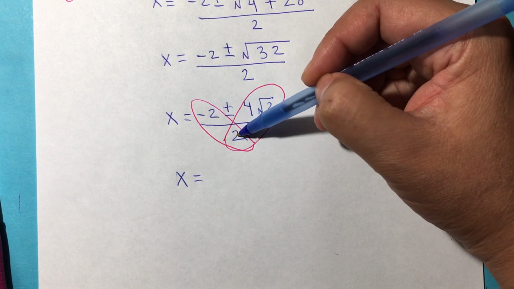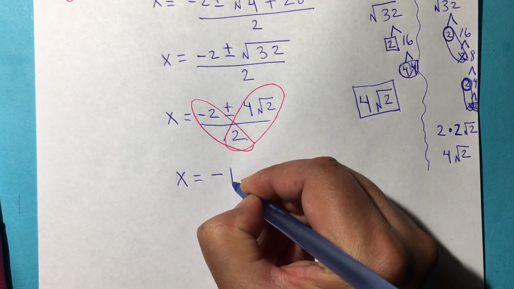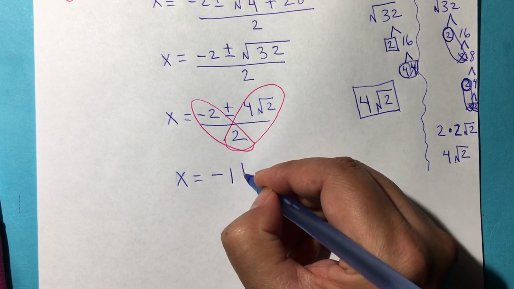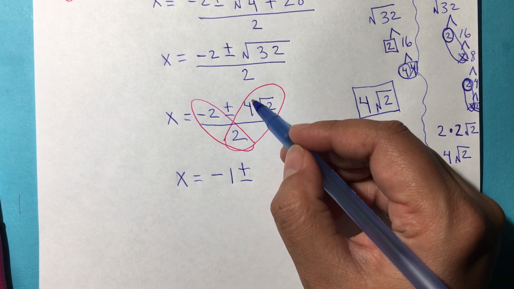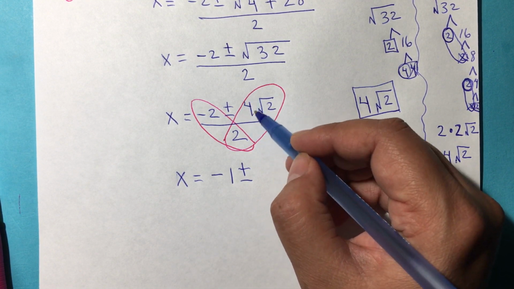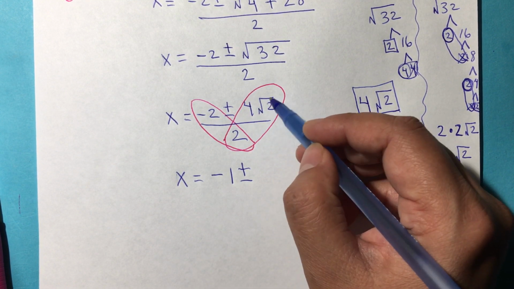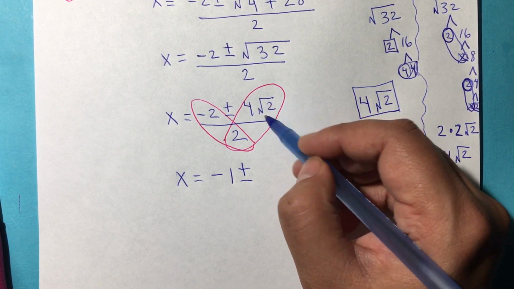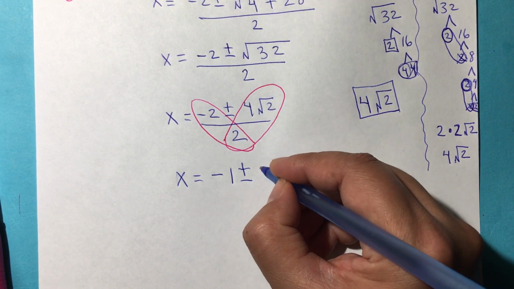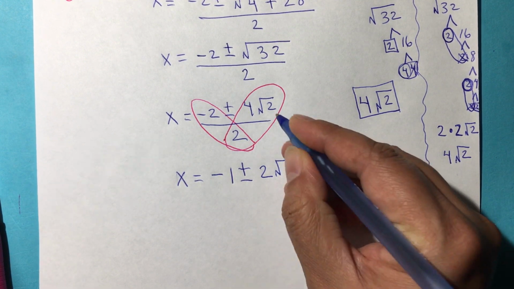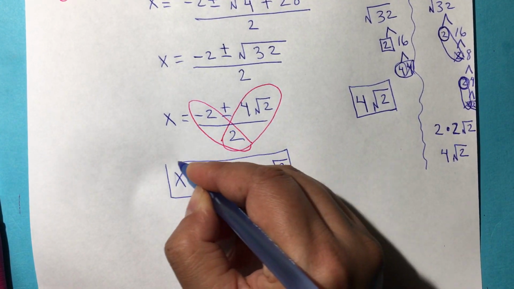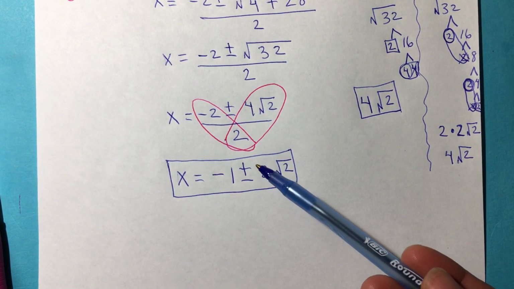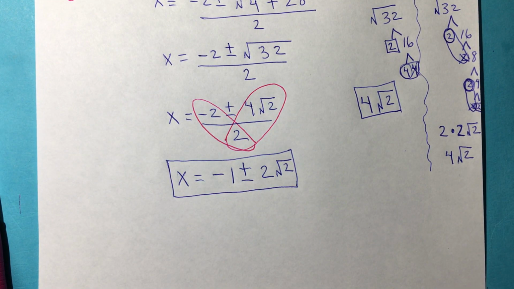So negative 2 divided by 2 is negative 1. Bring down the plus minus. And then 4 square root of 2 divided by 2, the only part that divides is the whole number. This, you just bring it down as if it was a variable. So 4 divided by 2 is 2, and just bring down the square root of 2. And those are going to be your solutions. And by the way, these solutions are also called roots.